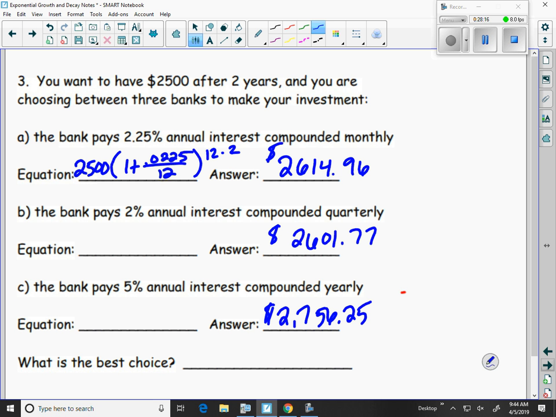I didn't get the answer. So what's happening is we just put your power in parentheses. I think what you're doing is you're doing it to the 12 power and then multiplying everything by 2.